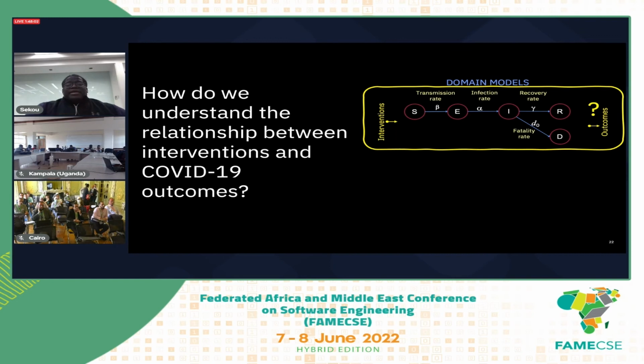So here's a, sorry, I don't want to use the word variant, here's a question. After going through this process, we started in the malaria space, then we made a pivot to include information from COVID-19. After that initial work in COVID-19, one of the questions that a partner came up with is, how do we understand the relationship between interventions and outcomes? Right?